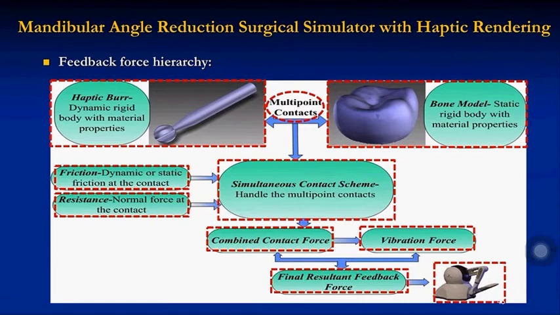We also have to take into consideration the resistance force, the normal force at the contacts. Then through these simultaneous contact schemes, we combine the contact forces to generate the corresponding vibrational force from the equipment, and finally generate the resultant force calculation that can be fed back to the haptic feedback device.